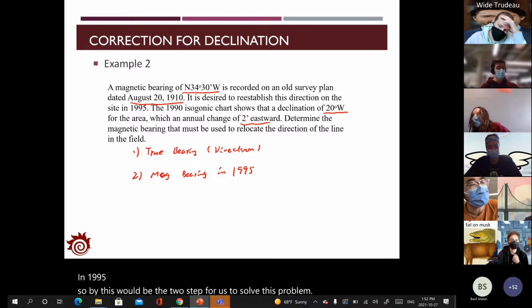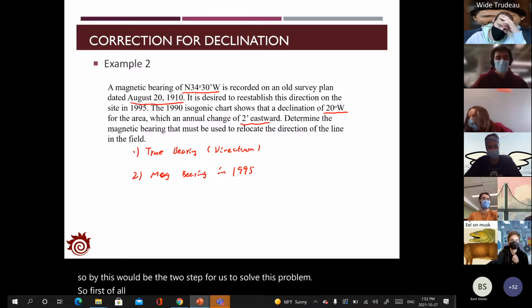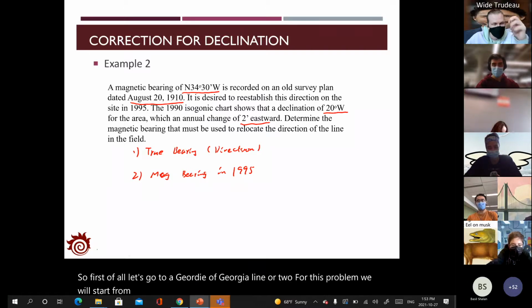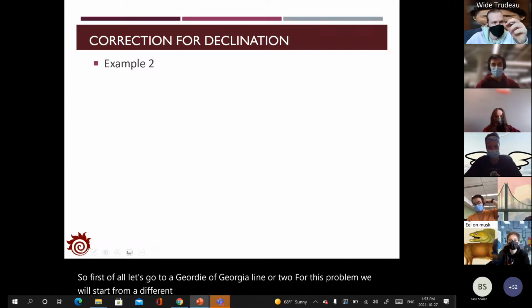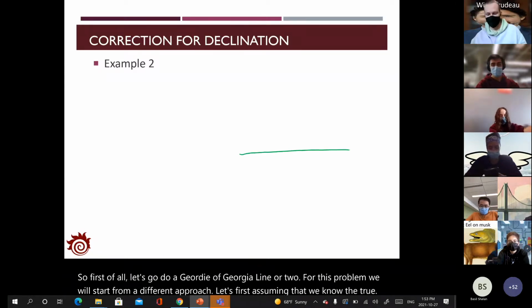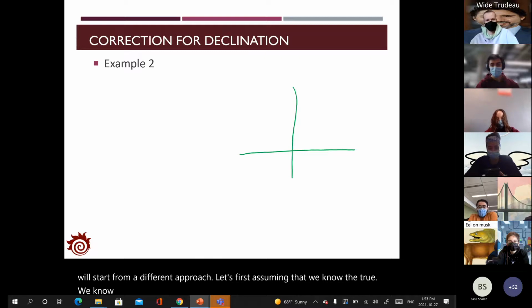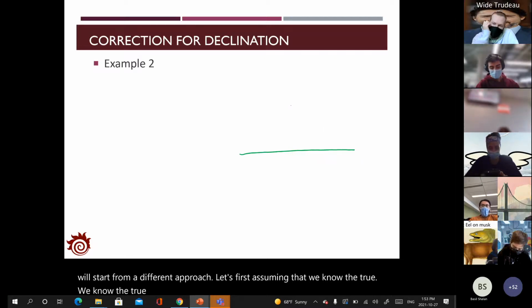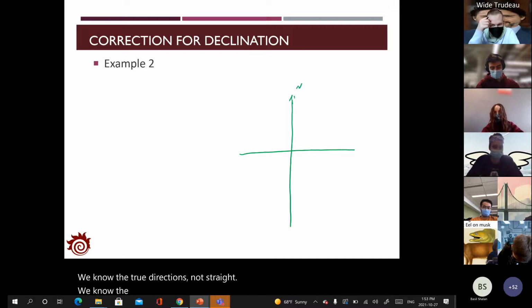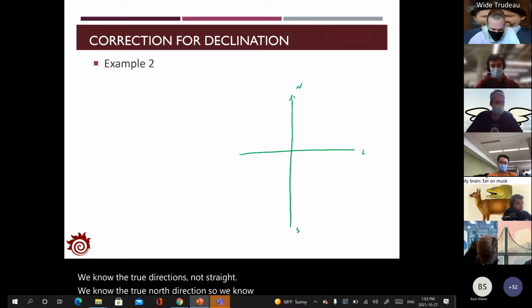So first of all, let's draw the line. For this problem, we will start from a different approach. Let's first assume that we know the true directions. We know the true north direction, so we know the north, south, east, and west.